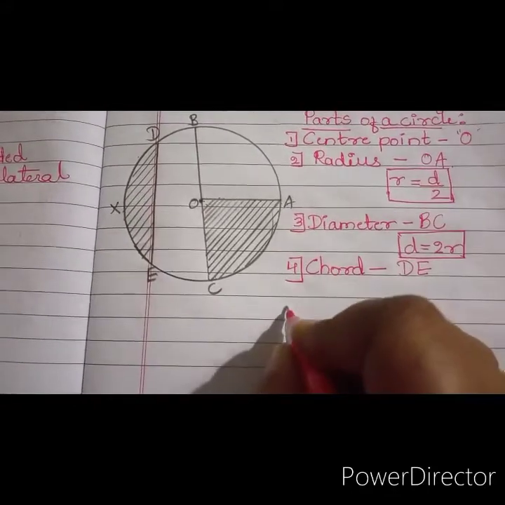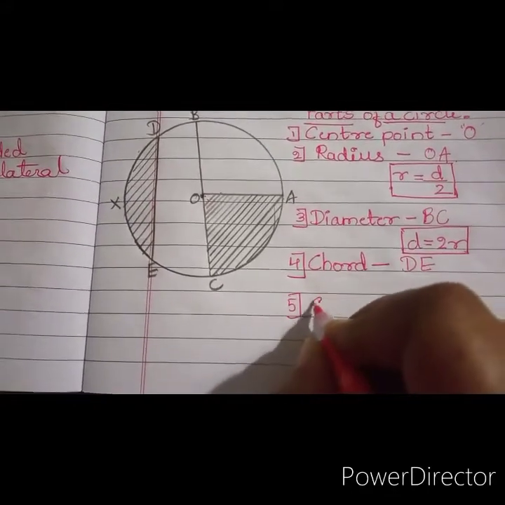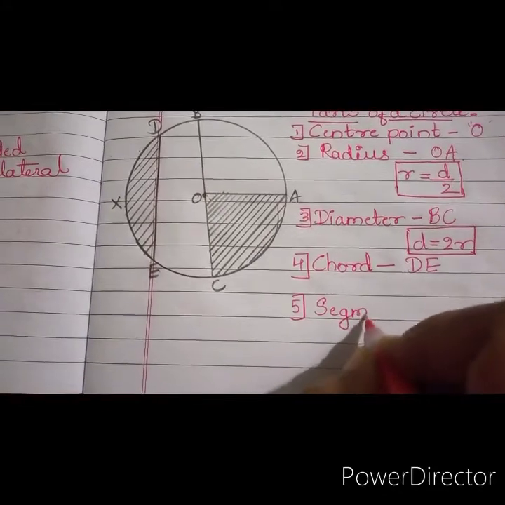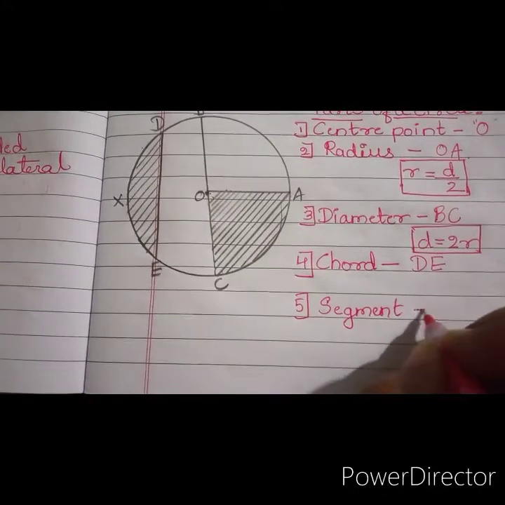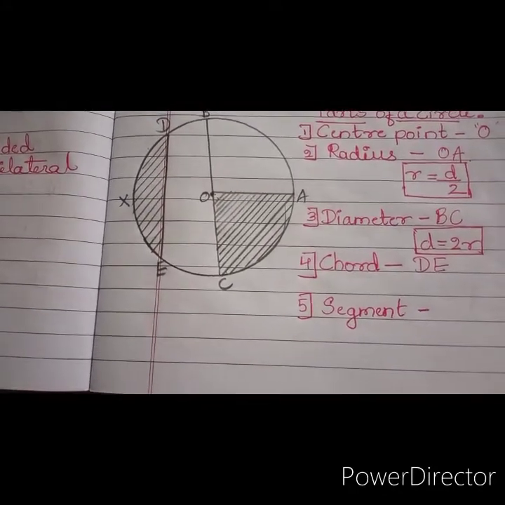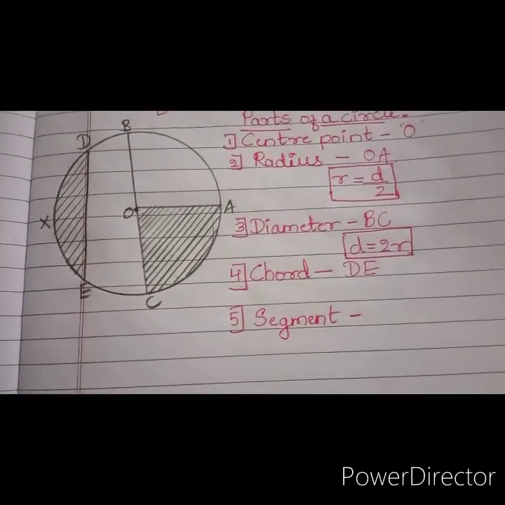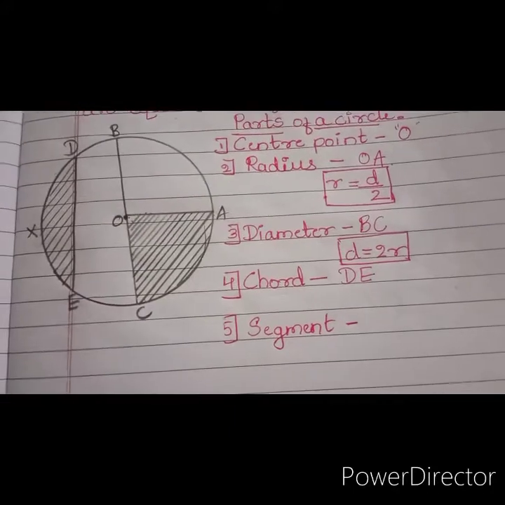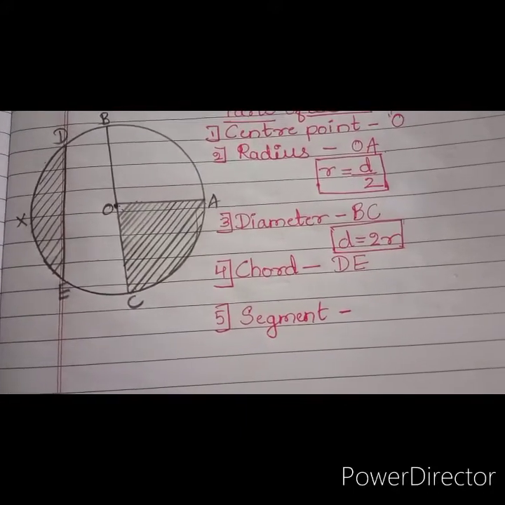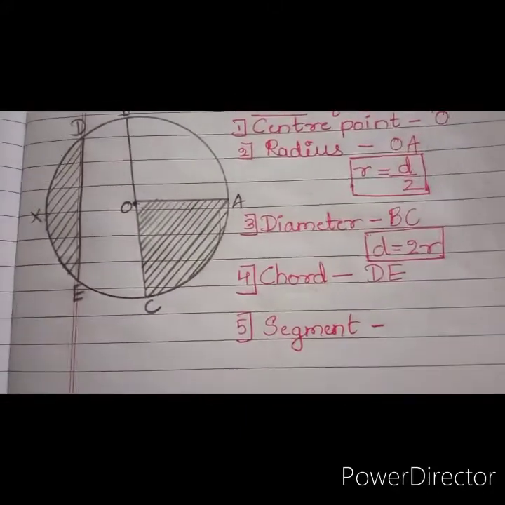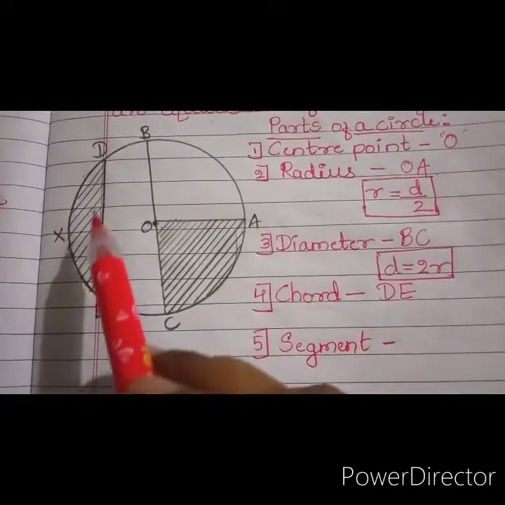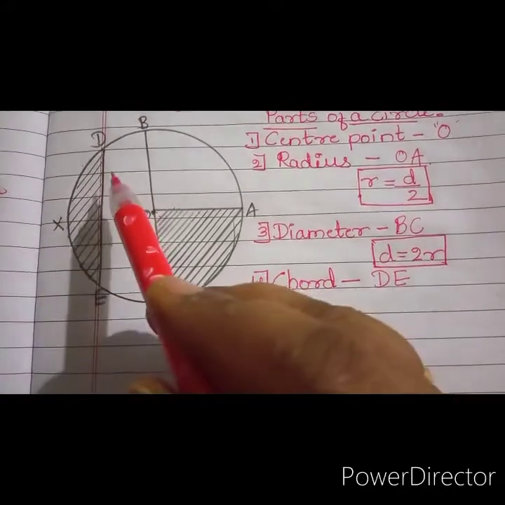Next one, the fifth one, is segment of a circle. So what do you mean by segment of a circle? From the figure, the shaded portion, or the region, see here the marked lines are there, that one.